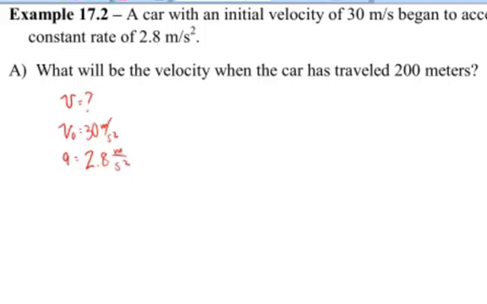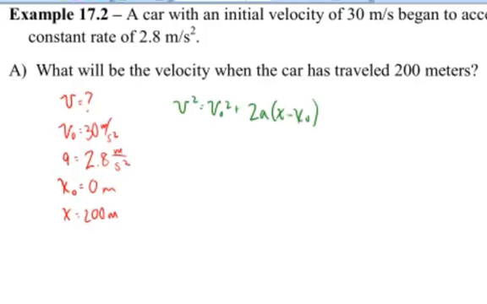I'm going to again make the assumption here that the origin is where the motion begins. In other words, x naught is equal to 0, and the final position is 200 meters beyond that point. So now, we have all these variables. It is the third equation of motion that relates these variables together.